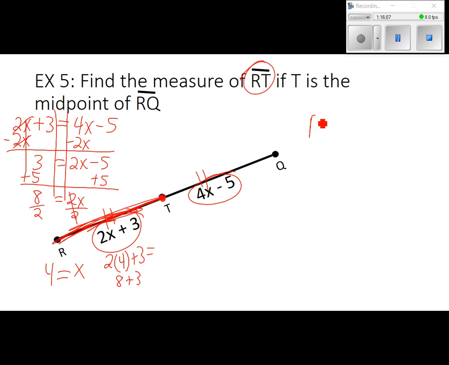So the length of segment RT is 11. That's our answer. Again, this is a midpoint. Not only is it a midpoint, but it also is a segment bisector. It bisects the segment into two congruent parts.